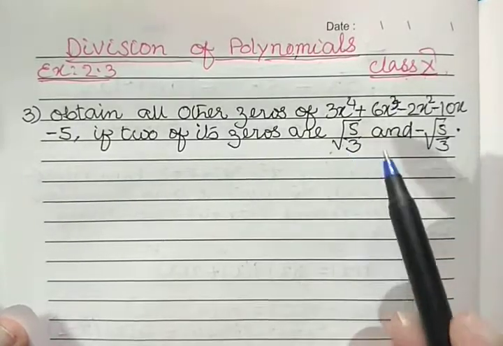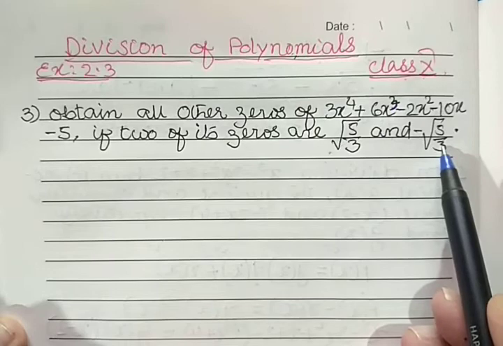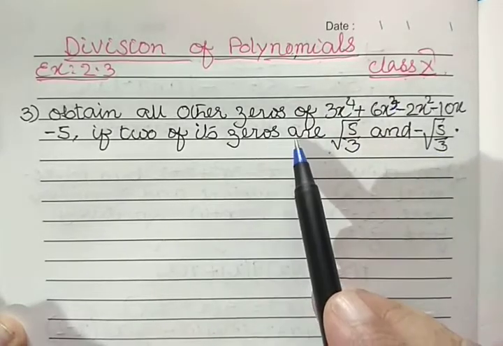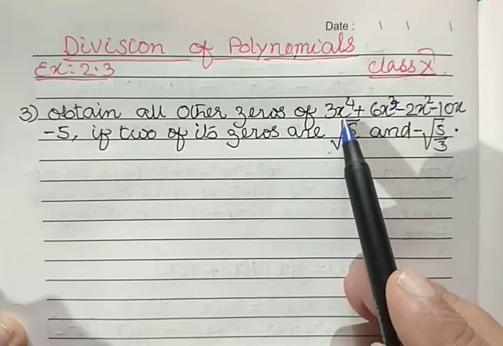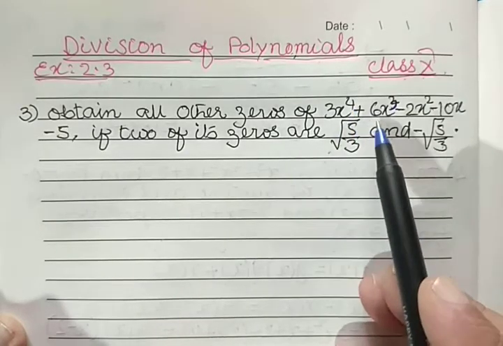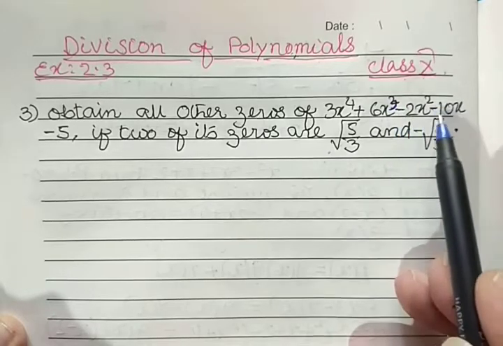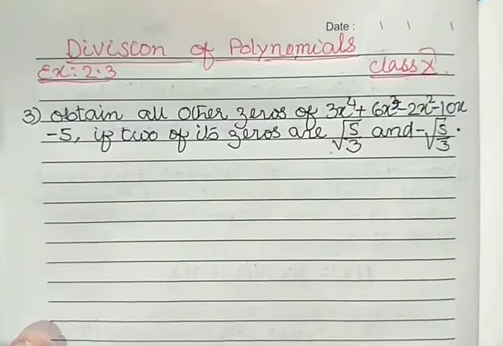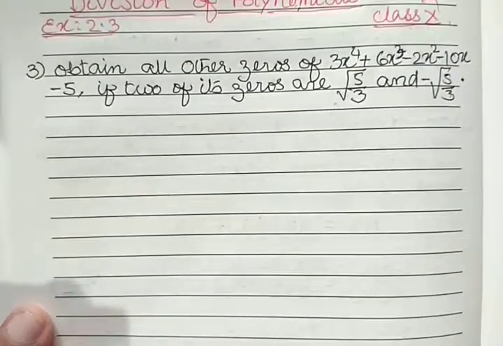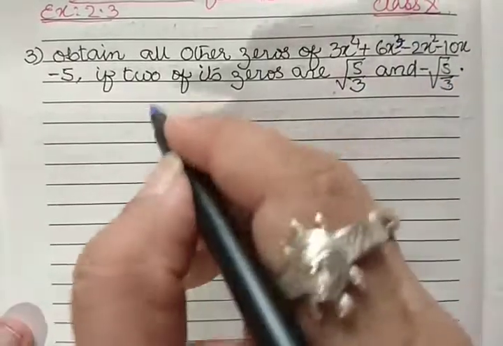So what is given? Root 5 by 3 and minus root 5 by 3 are the zeros of the given polynomial 3x to the power of 4 plus 6x cube minus 2x square minus 10x minus 5. Clear?